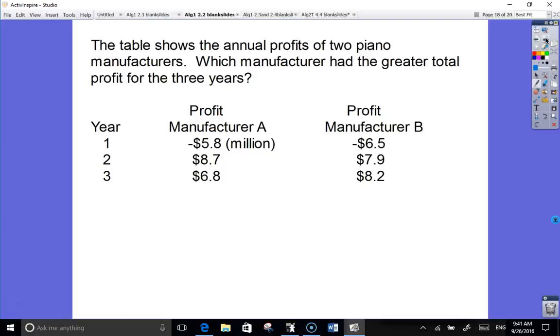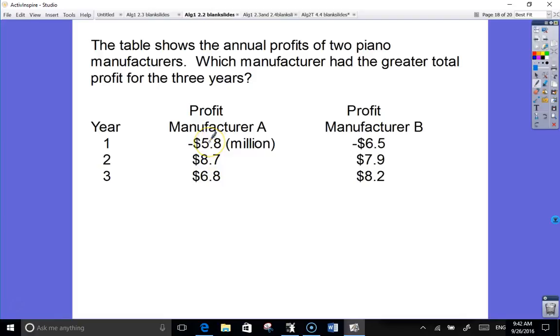So how can we add up the three numbers for both columns? What would you do first? Can we just add them straight up? And you can't, right? Because 2 of them are positive and 1 of them is negative.